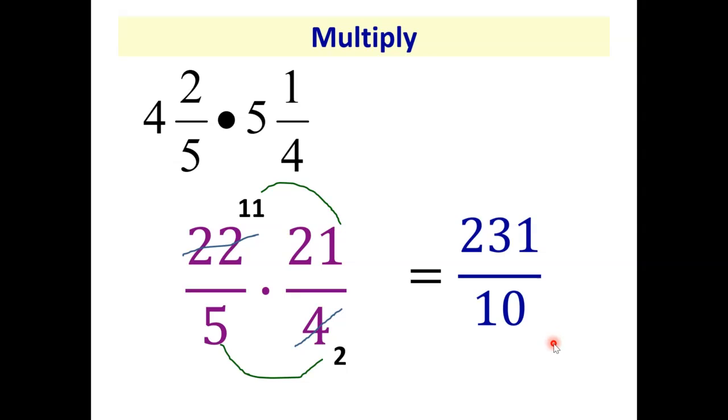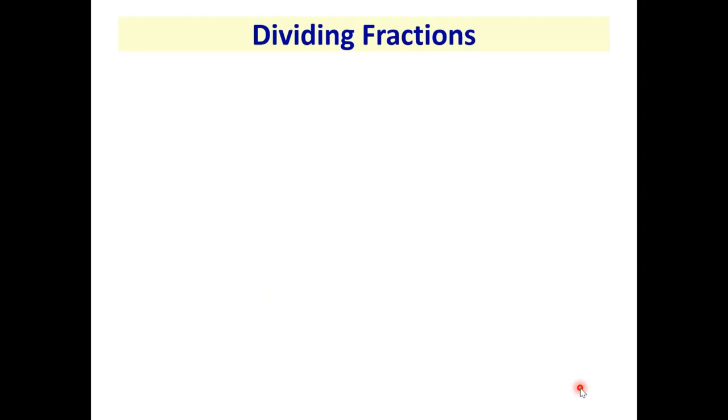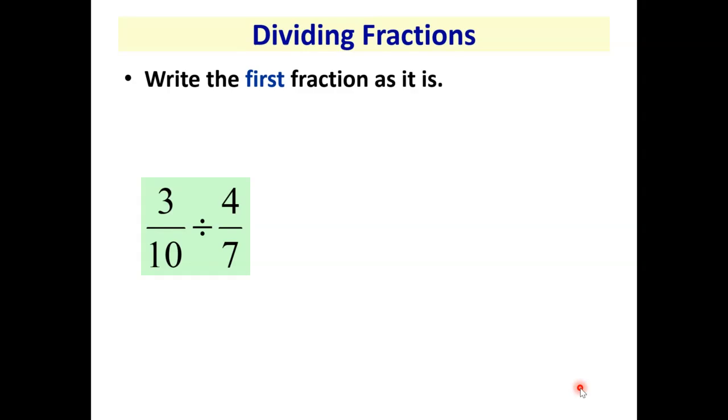Let's move on to dividing. If you know how to multiply, then you probably already know how to divide. Here's an example. 3 over 10 divided by 4 over 7. Let me go over the steps first with you. Step number 1 is writing the first fraction as is.